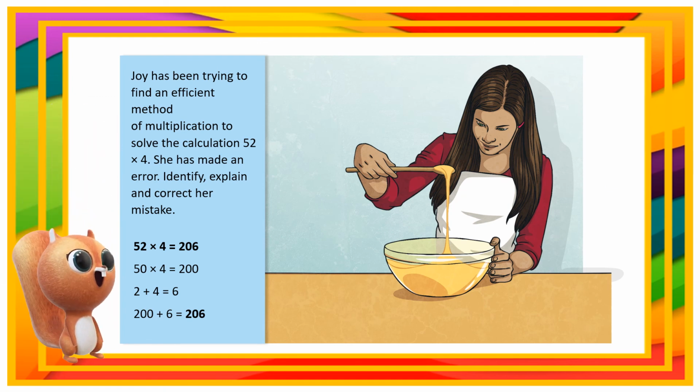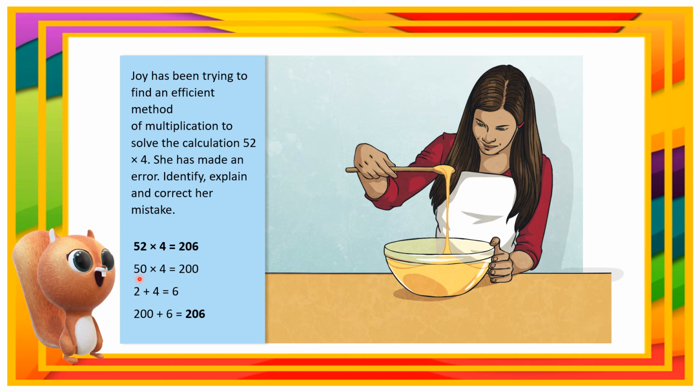Okay, finally, before I say goodbye, Joy has been trying to find an efficient method of multiplication to solve the calculation 52 multiply 4. She has made an error. Identify, explain, and correct her mistake. She has written 52 multiply 4 is equal to 206, and in solving this she has used her knowledge of place value.